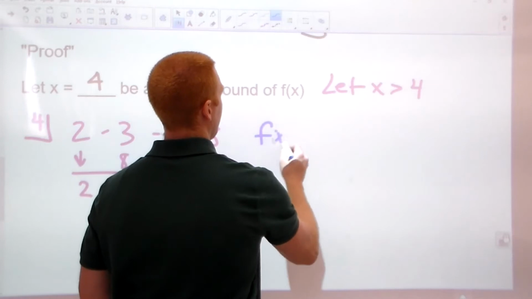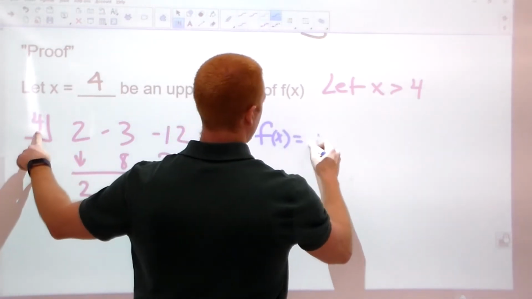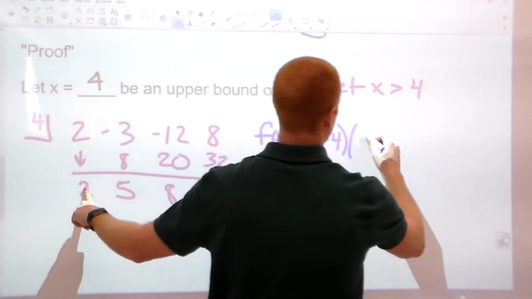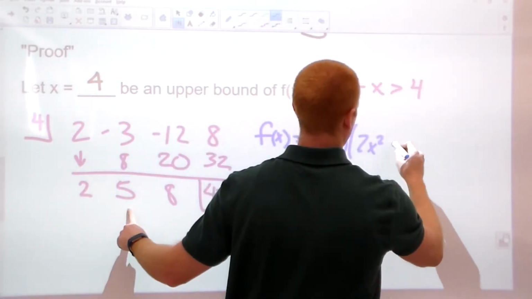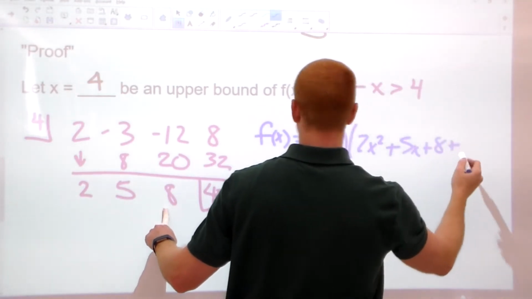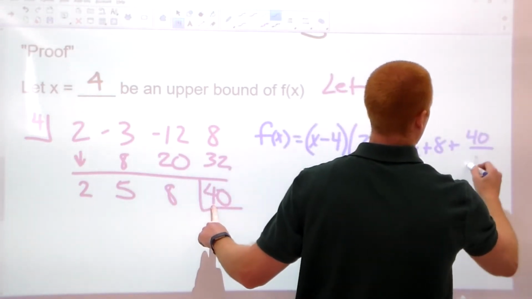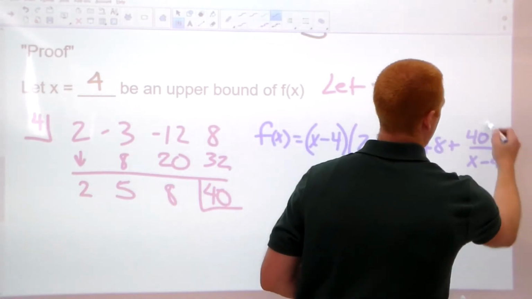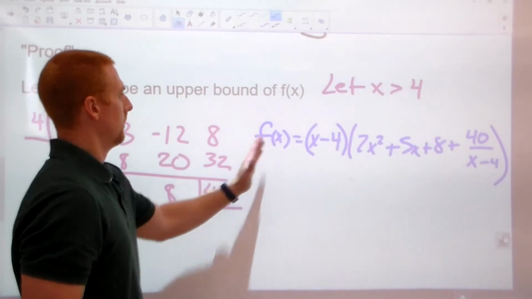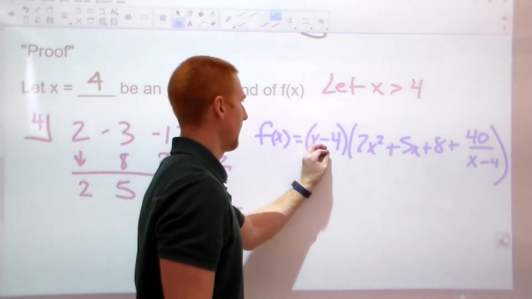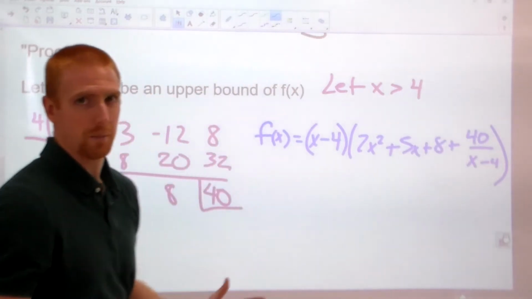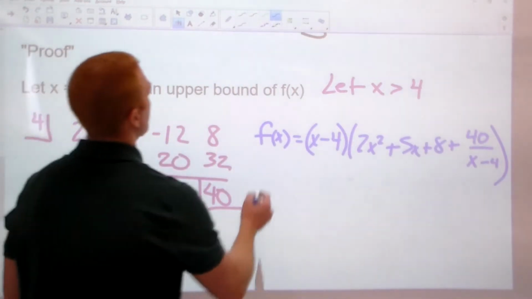That means we can define this polynomial as x minus 4 times what's left over from synthetic division, so 2x squared plus 5x plus 8, plus 40 over the thing we divided by. So by factor remainder theorem, that's got to be true. The function can be written as this particular factor times this quotient plus that remainder. We know that's true. We proved it.